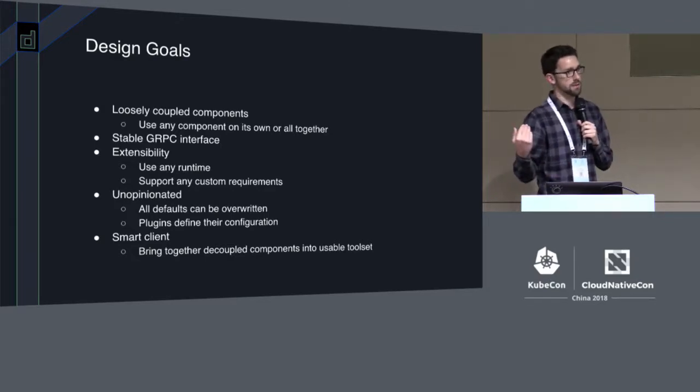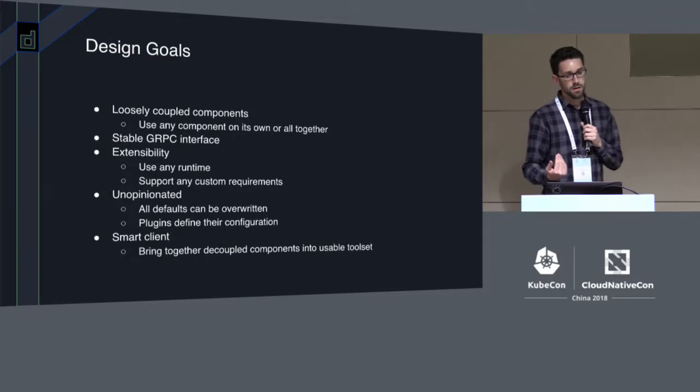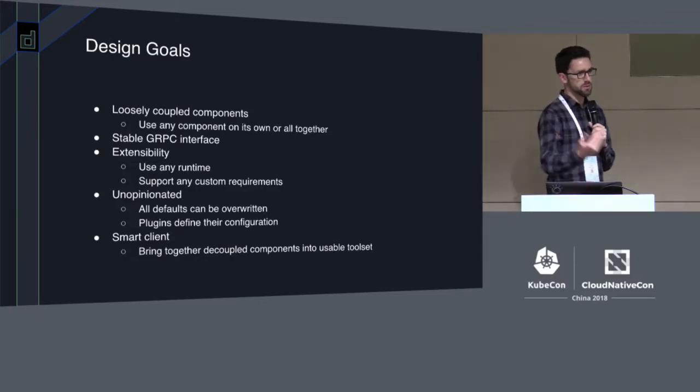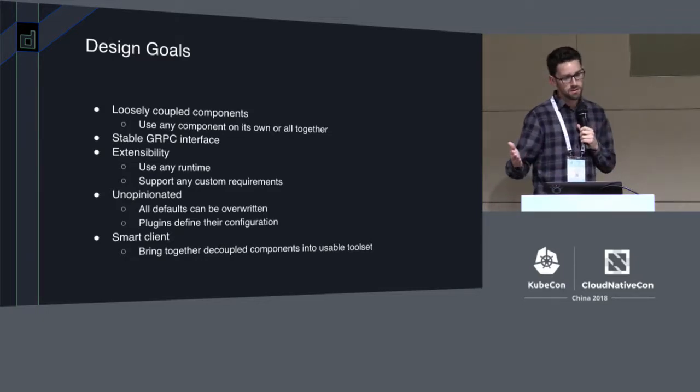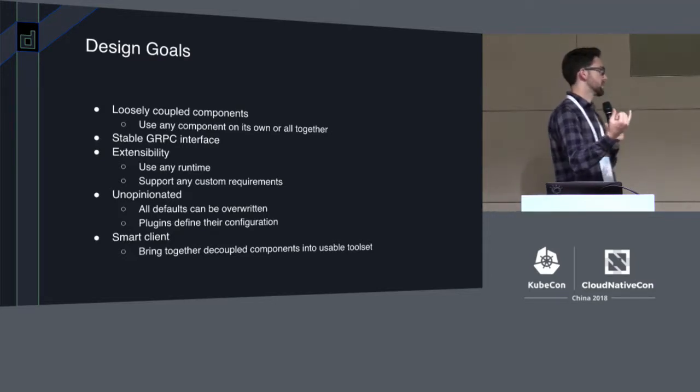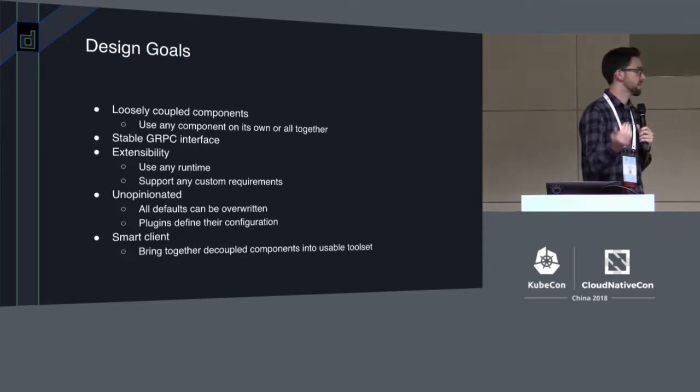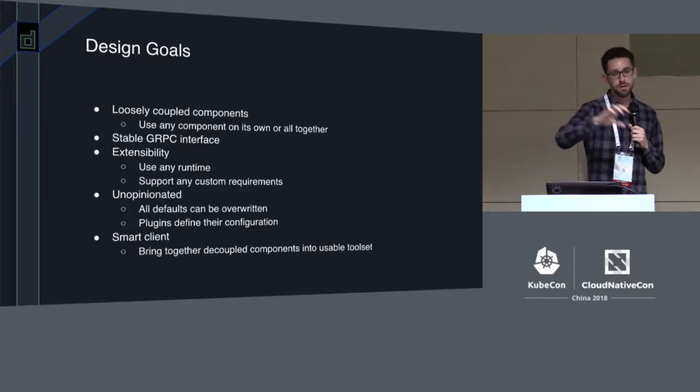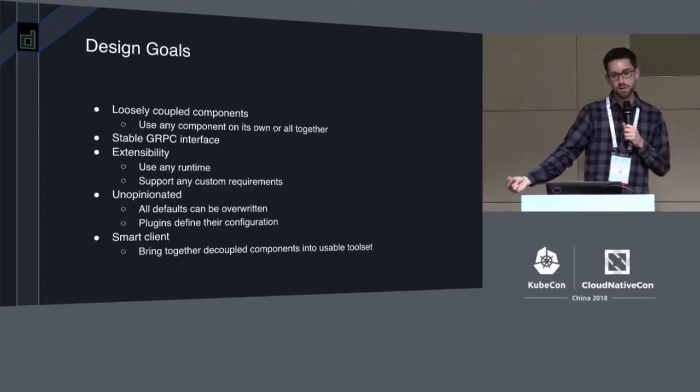You can design around your custom requirements. You can build your own plugins without having a set configuration structure. We have our smart client. So the smart client provides a higher level interface to the lower level components.